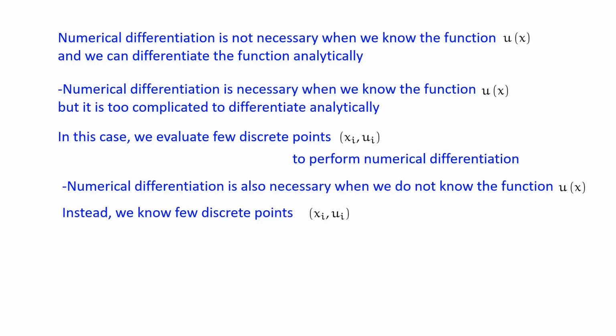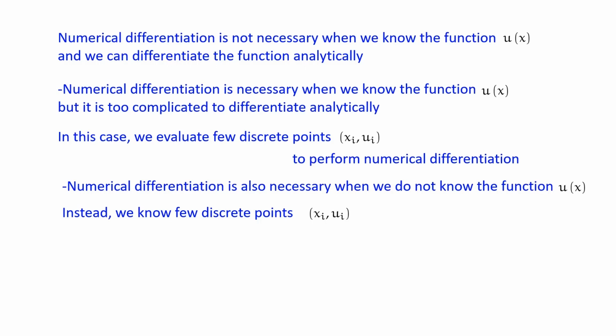The expression that we will get for that derivative will be the same as the derivative we are getting through the finite difference procedure. This is something very exciting now.